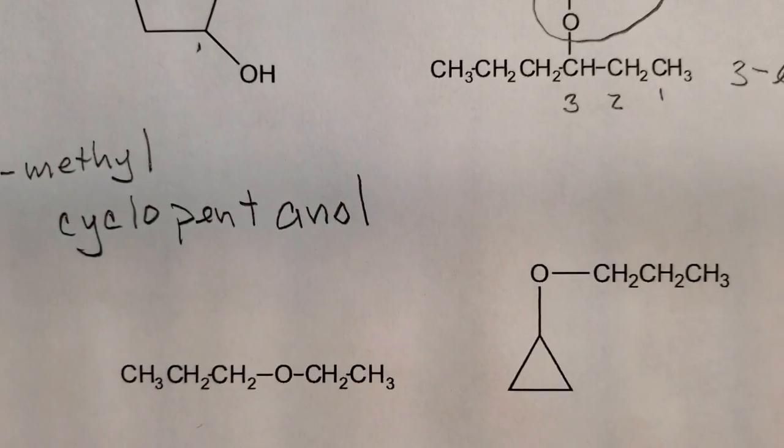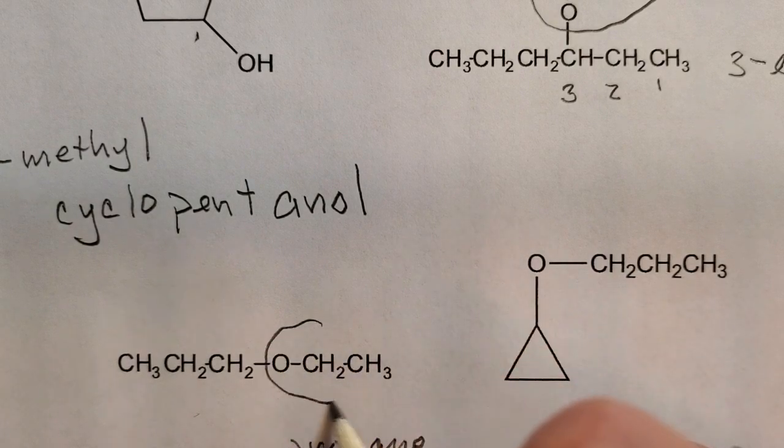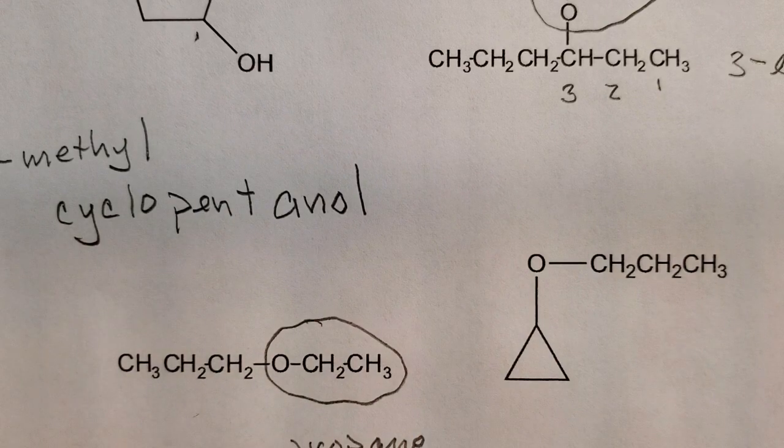Okay, let's go to this group. So this is also an ether, oxygen with carbon on either side. The longest chain is 3. So this is going to be a propane. And the substituent group is an ethoxy.